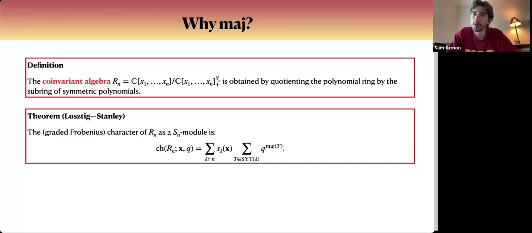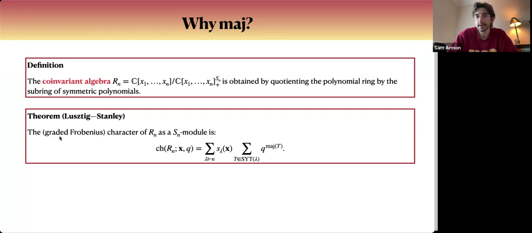As such, the coinvariant algebra is a symmetric group module. And just like for GL_n modules, there's an essentially analogous way of defining the character of a symmetric group module using symmetric functions. This is what's called the graded Frobenius character.